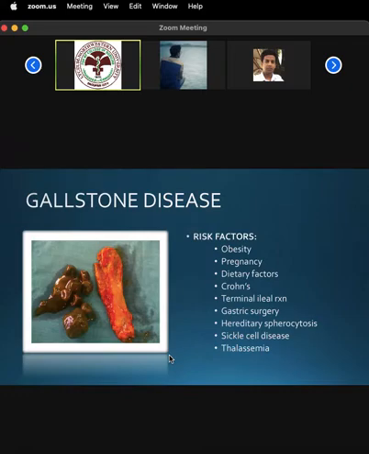Now, it affects women more than men, and first degree relatives have a 2 times chance of developing a gallstone problem as compared to the general population.